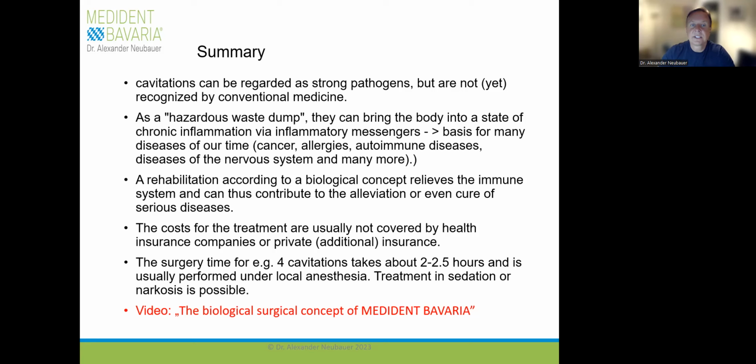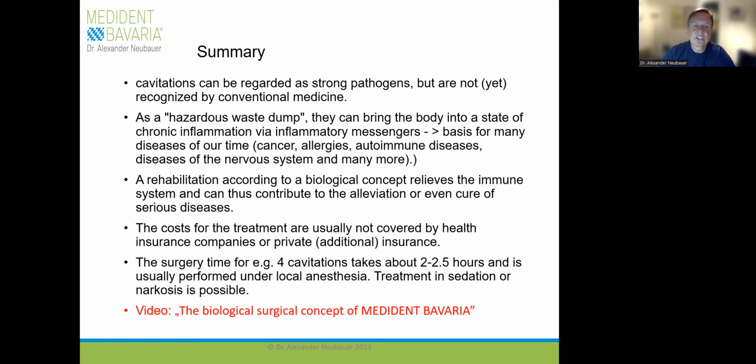As a hazardous waste dump, they can bring the body into a state of chronic inflammation via inflammatory messengers. This is the basis for many diseases of our time, like cancer, allergies, autoimmune diseases, diseases of the nervous system, and many, many more.